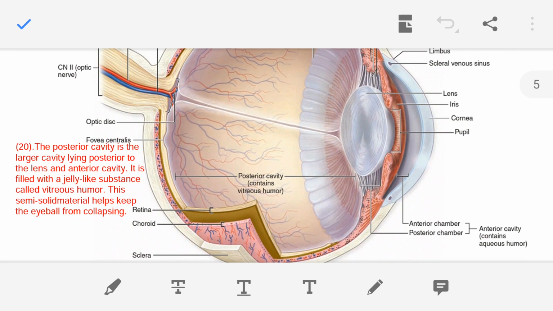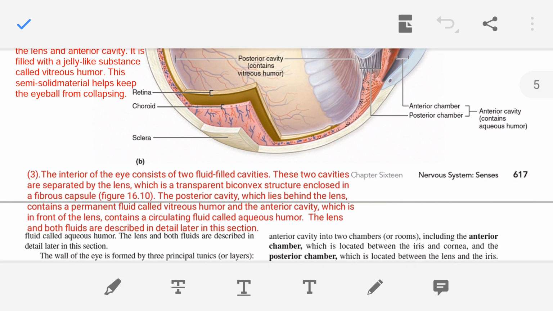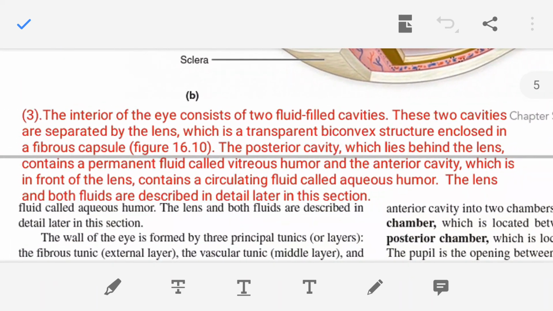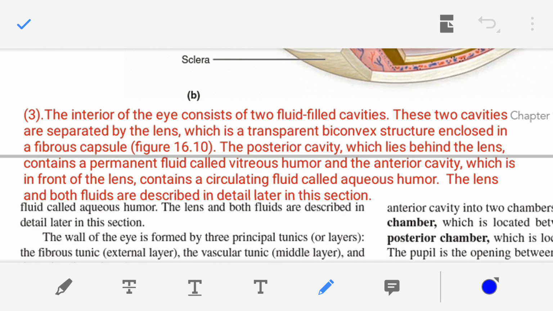Now in the structure of the eye, two fluid filled cavities are present. In our eyeball, two fluid filled cavities are present, and these two cavities are separated by the lens.